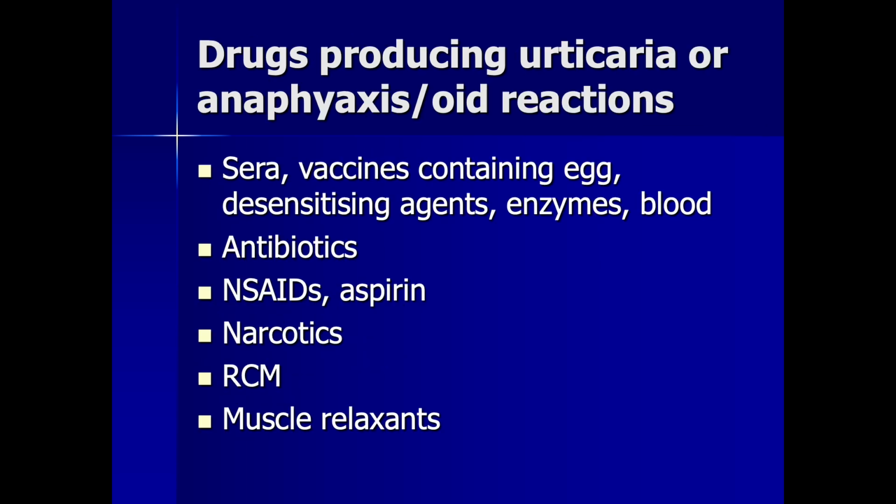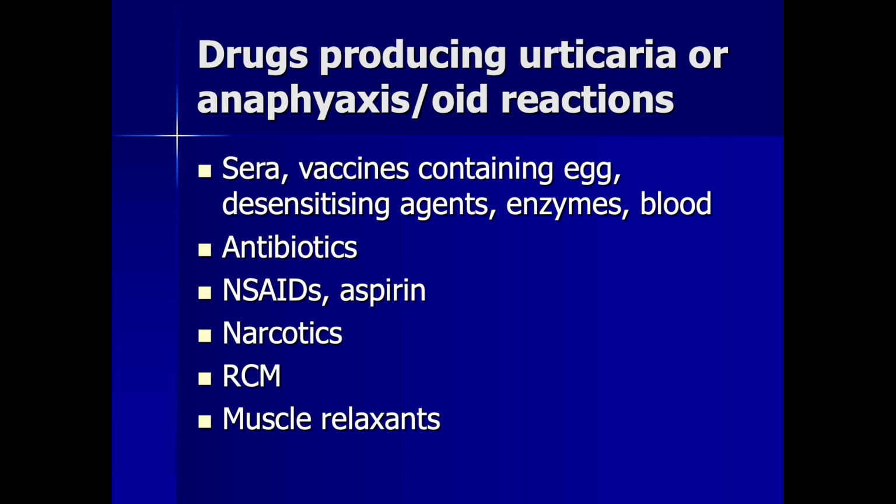So here are the drugs that commonly produce urticaria, anaphylaxis or anaphylactoid reactions, and they're quite a disparate group. So as mentioned previously, proteins, sera, vaccines, particularly those containing egg in individuals who are sensitive to egg, desensitizing agents used in immunotherapy, enzymes and blood. So they're all proteins that can produce type 1 reactions.